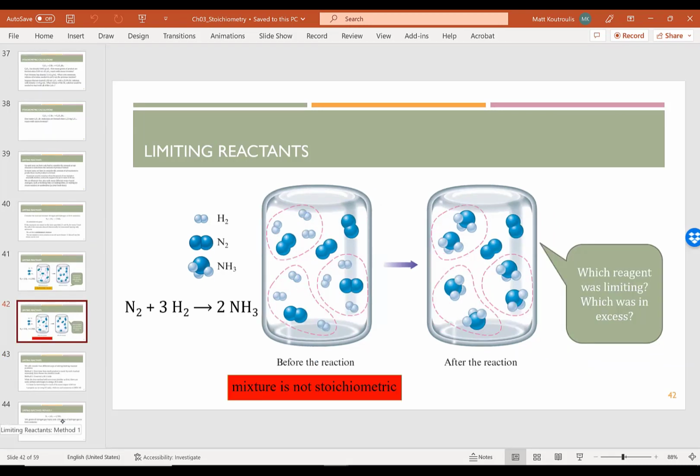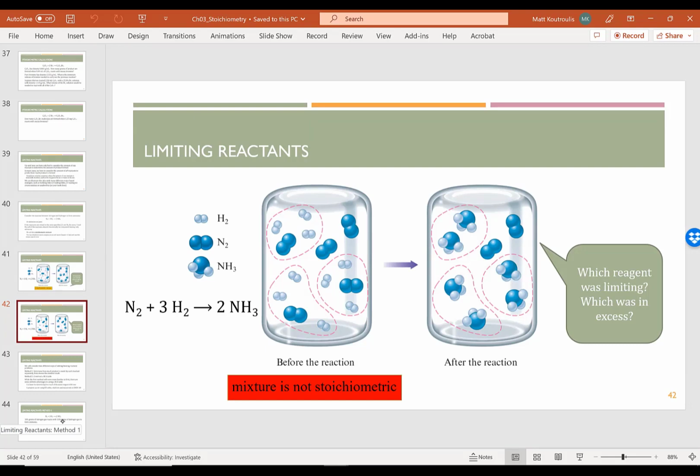This is much more common. So this is not stoichiometric. What this is saying is, okay, we added this, but I wasn't able to find a place for these nitrogens. So we say the nitrogens are in excess, good. And you'll notice that when we go to the circles, each of these circles now has 2 ammonias, but there's still nitrogen left.